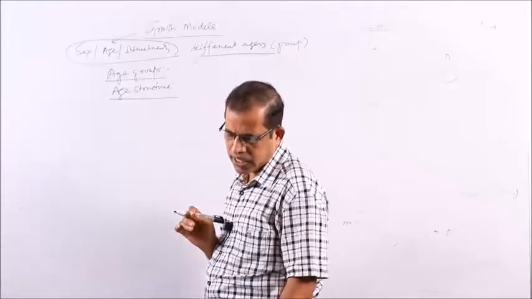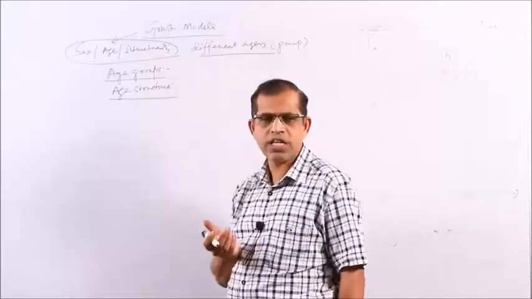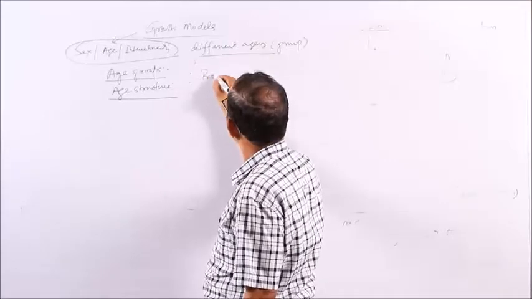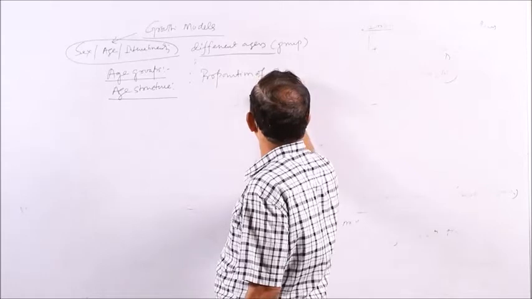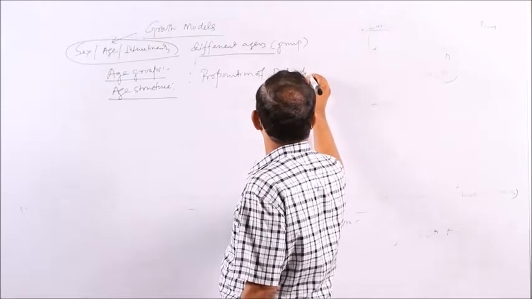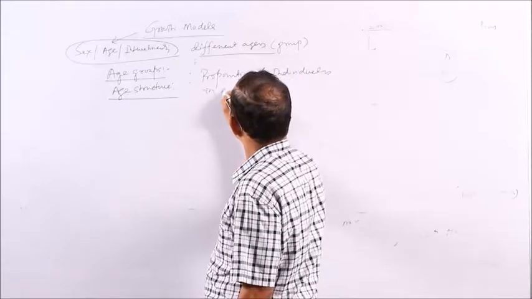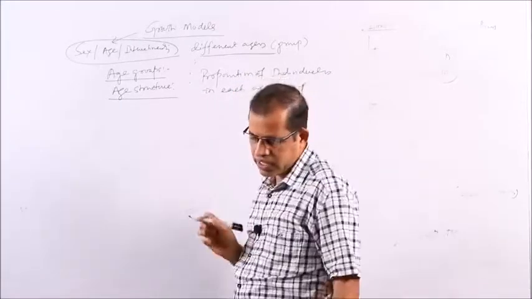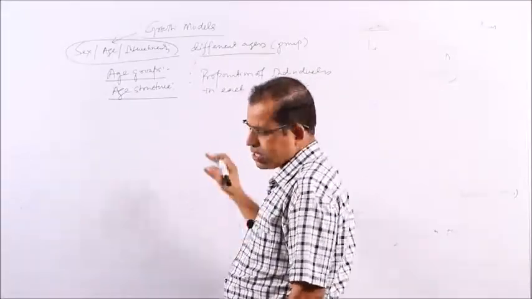So, what is age structure or age group? Some also call it age distribution. It is the proportion of individuals in each age group. That proportion in each age group will determine your age structure.